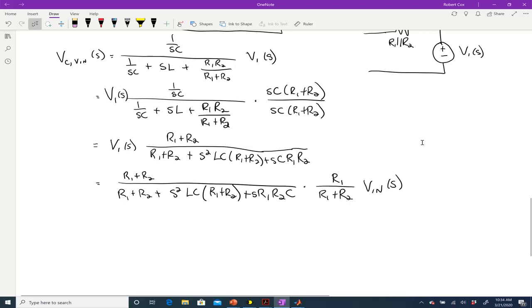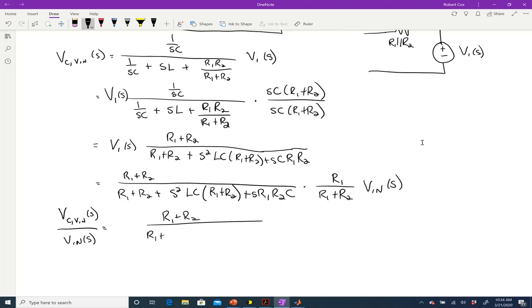So my final transfer function V_C Vin of S over Vin of S is equal to this: R1 plus R2 over R1 plus R2 plus S squared LC times R1 plus R2 plus SC R1 R2, all times R1 over R1 plus R2.